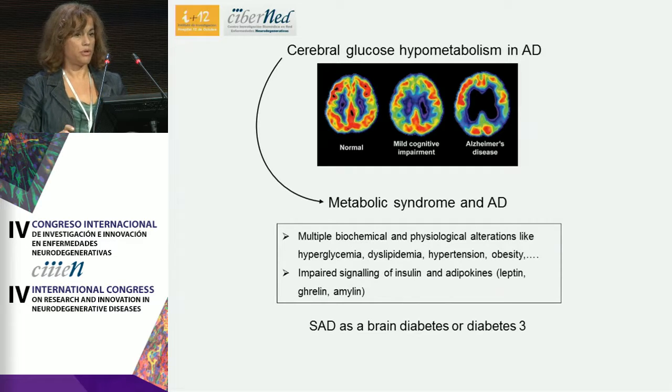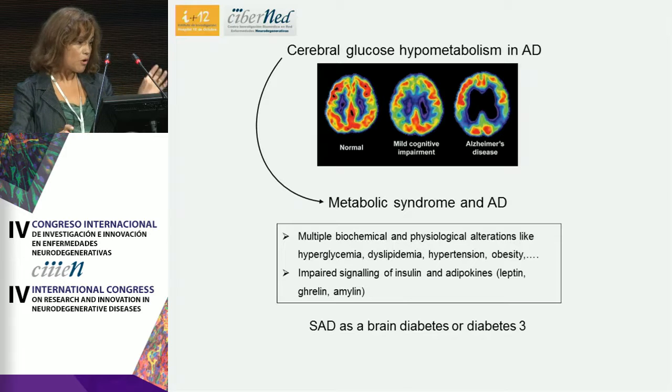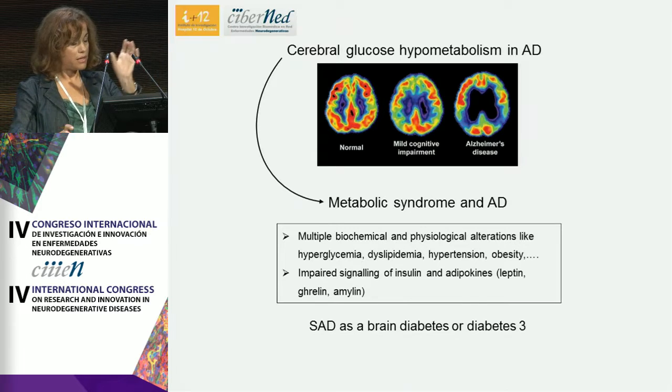In fact, as we mentioned today, some authors have proposed sporadic Alzheimer's disease as brain diabetes or type 3 diabetes, a form exclusively affecting the brain.